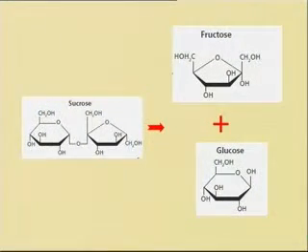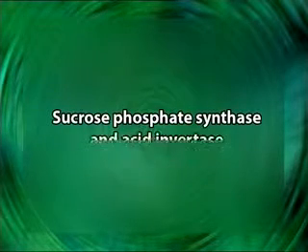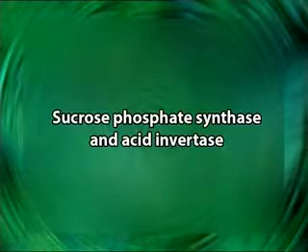Moreover, sucrose is hydrolyzed to hexoses, principally fructose and glucose. Activities of enzymes involved in starch and sugar metabolism, such as sucrose phosphate synthase and acid invertase, have been shown to rise in several fruits, and their messenger RNAs have been shown to be upregulated by ethylene.